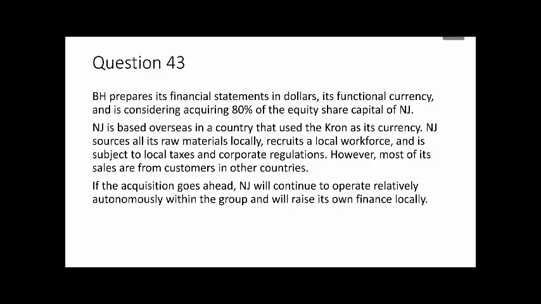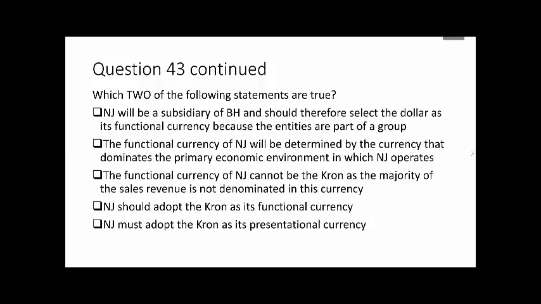However, most of its sales are from customers in other countries. It says if the acquisition goes ahead, NJ will continue to operate relatively autonomously within the group and will raise its own finance locally. So the question then asks us to identify which two of the statements are true.